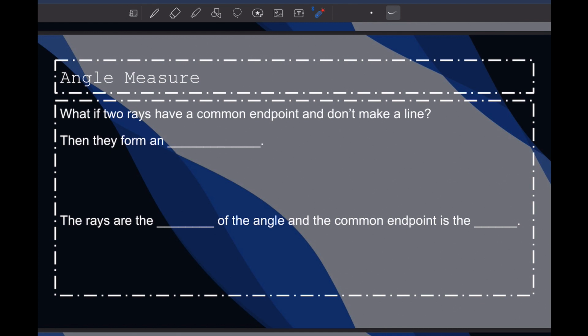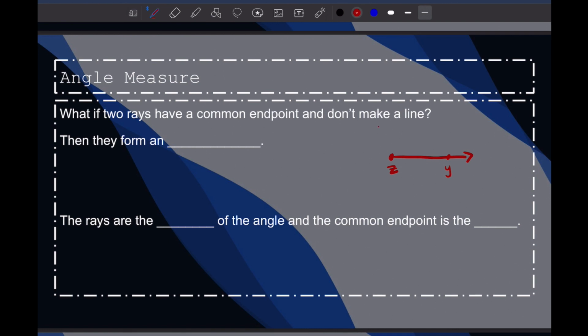Okay, so what if two rays have a common endpoint and don't make a line, right? So let's say that you have this particular ray. We can call this Z, and we can call that Y, right? And it doesn't make a line.